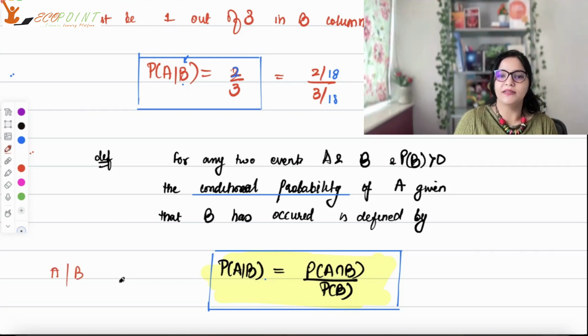Now that means my sample space has decreased, or it has changed. It has changed to B because B has occurred.